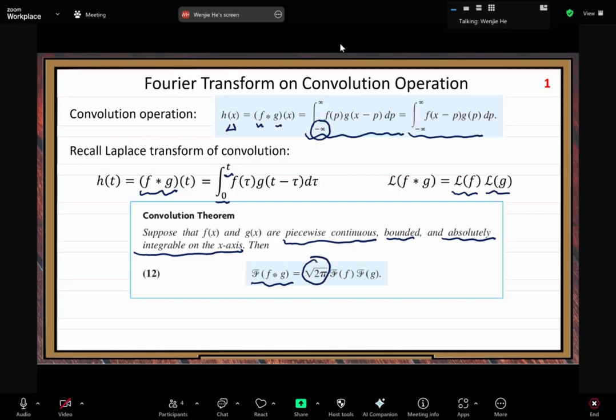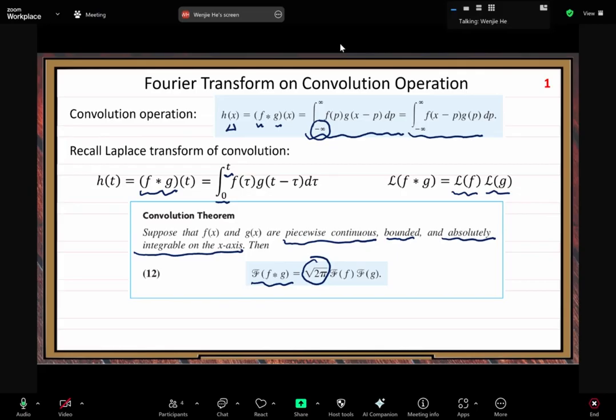The constant relates to the definition of the Fourier transform, so based on the definition we have to keep that constant.